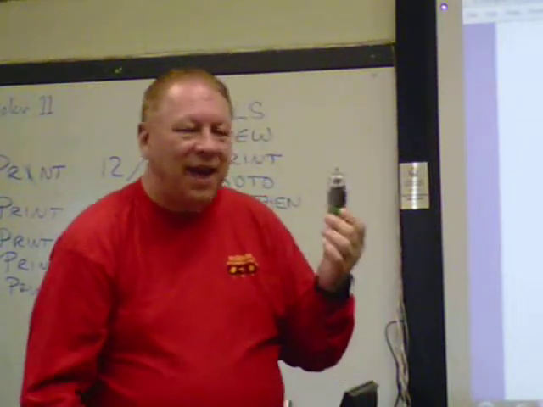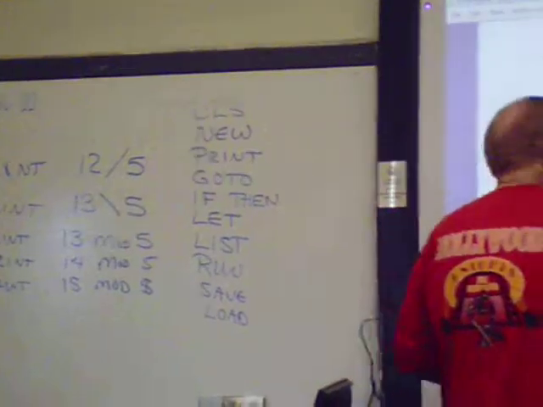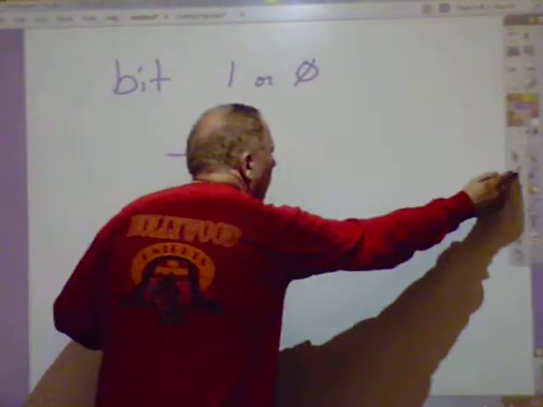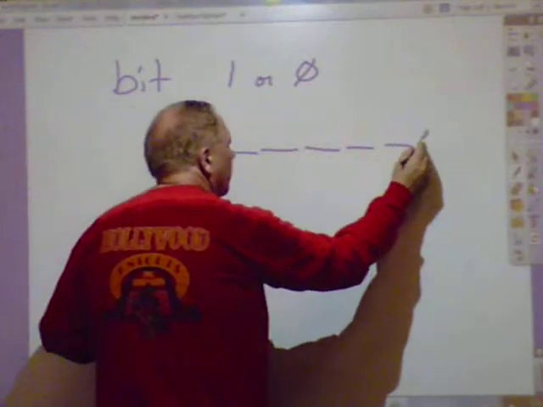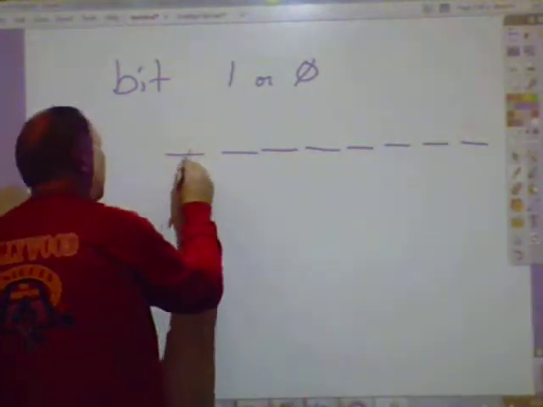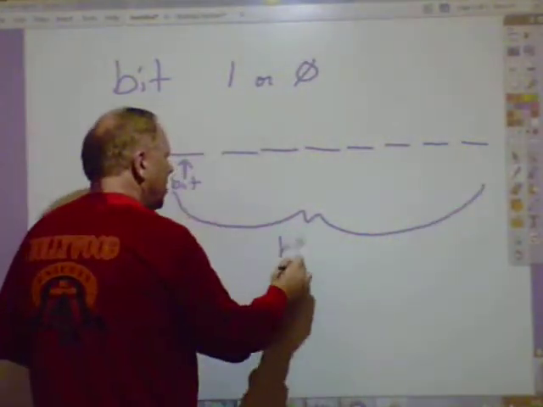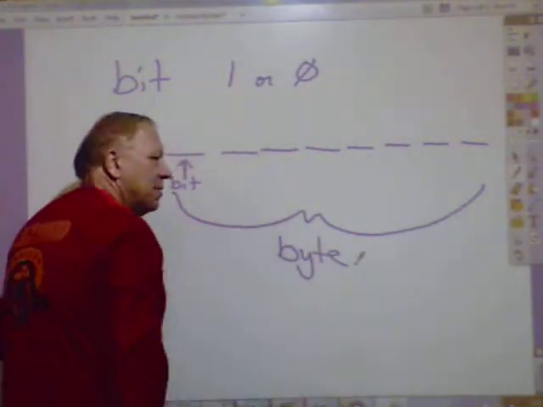That's an odd number, so they went to 8, which is 256. So you put 8 of these bits together, and 8 of them make a byte.